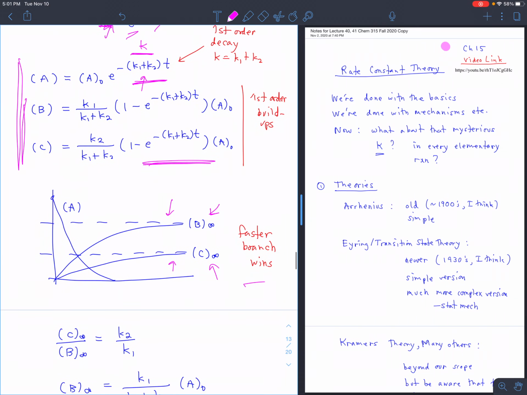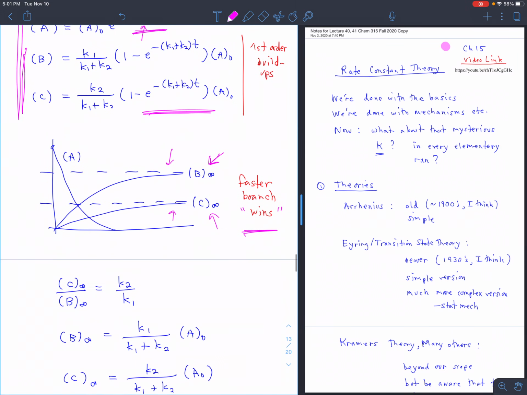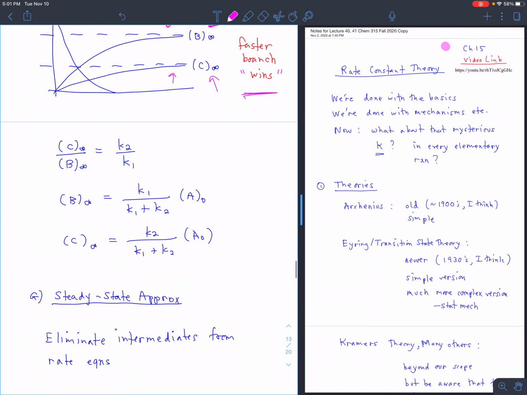The faster branch wins, quote unquote, which means that there's more of it at the end, right? Everything has to end up as either B or C, because these are both traps in this case. Can't have any A at the end. But you can have more B or more C, depending on which of the two rate constants is actually faster.